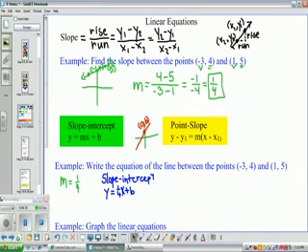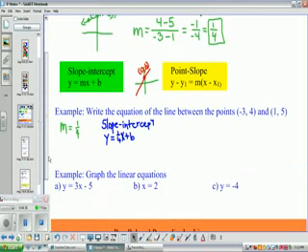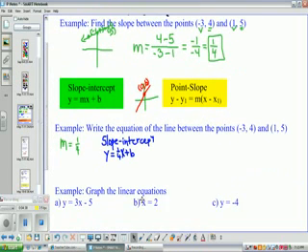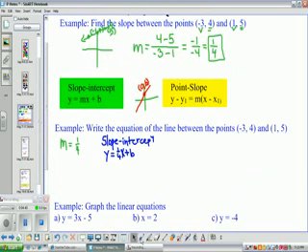So the problem becomes, well, I don't know what b is. We can find b by substituting in one of the two points. It does not matter which one. I'm going to substitute in the second one.